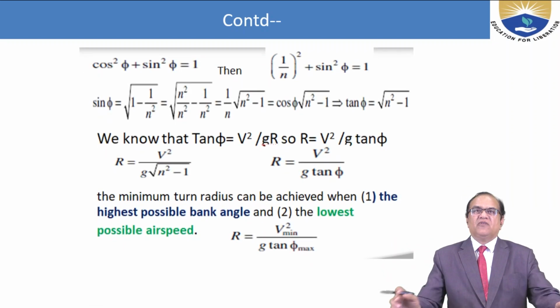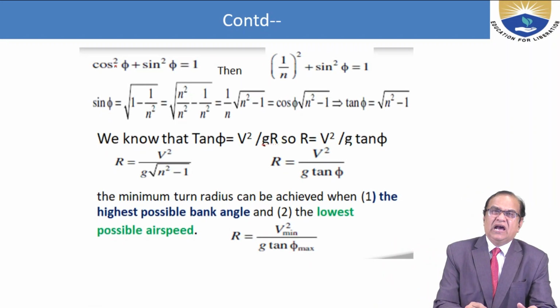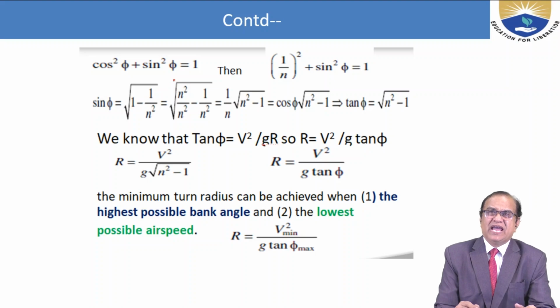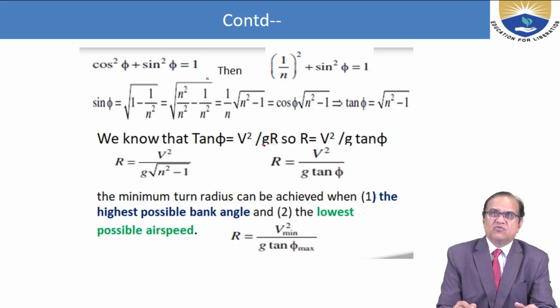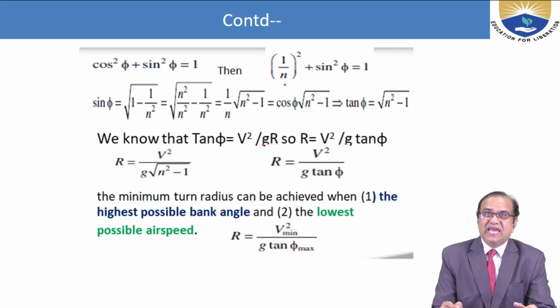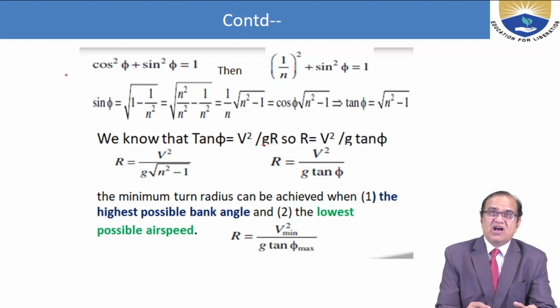So we can further go ahead. Cos square phi plus sin square phi is equal to 1. Then cos phi is equal to 1 by n, so 1 by n whole square plus sin square phi is equal to 1. So sin phi is equal to under root 1 minus 1 by n square.